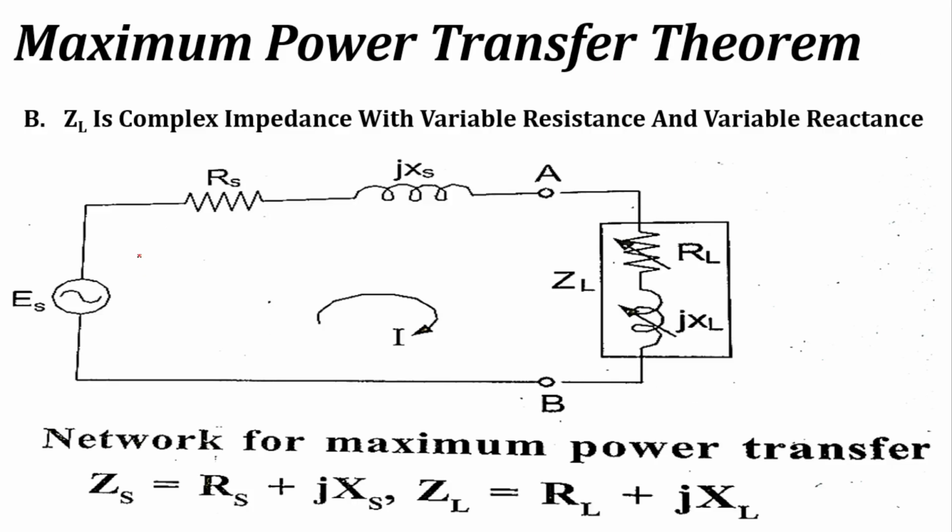Now consider the last case, that both source impedance and load impedance are complex. ZS is equal to RS plus jXS, and the load impedance also has a variable resistance and variable reactance. So we have to derive the condition for maximum power transfer for this particular condition.